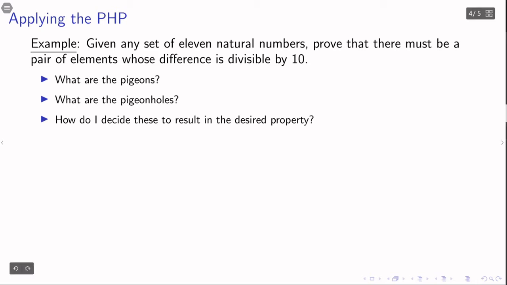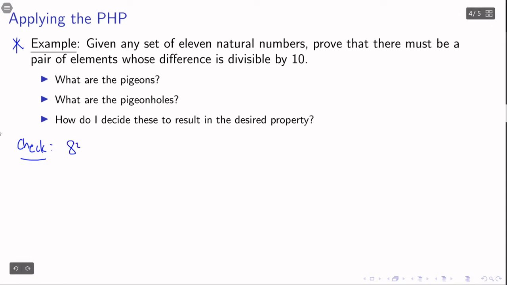Okay, that's kind of abstract, so let's work on this particular example. You have 11 natural numbers, right? Any set of 11 natural numbers. And you're asked to show that there must be a pair of them whose difference is divisible by 10. Now you can check this if you want, right? Give a set of 11. What happens?